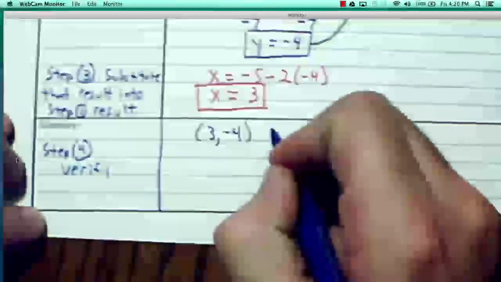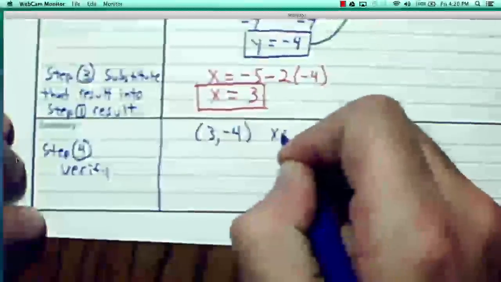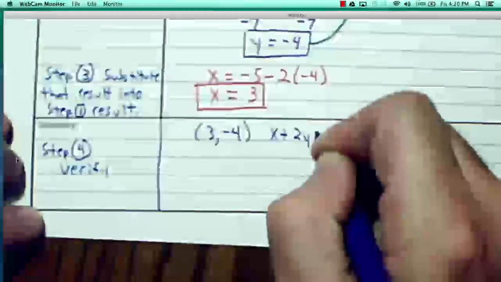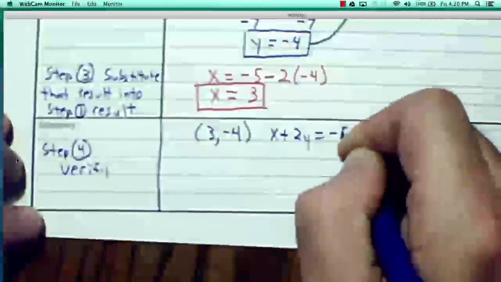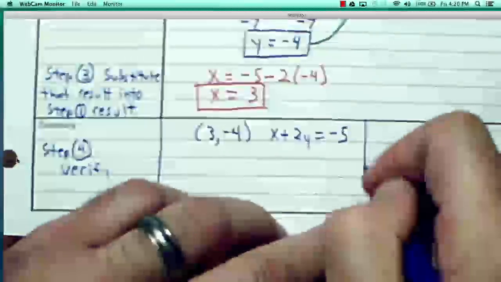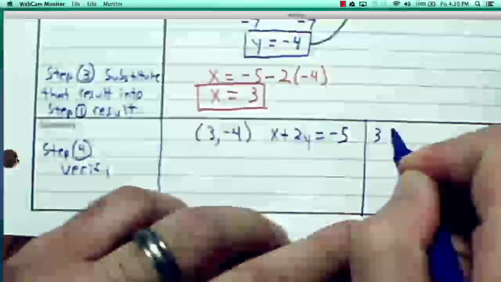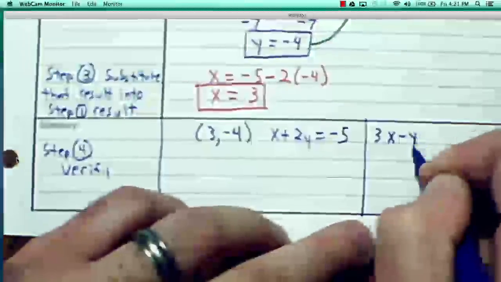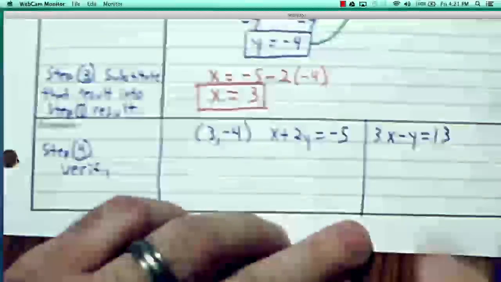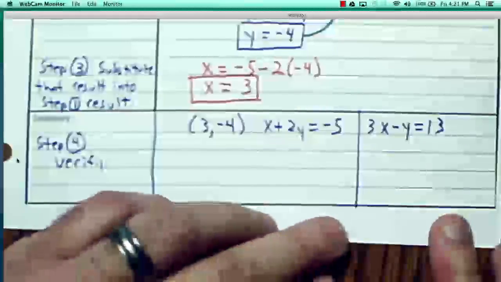Well, my original equations are x plus 2y equals negative 5 and 3x minus y equals 13. You can do this on your calculator.